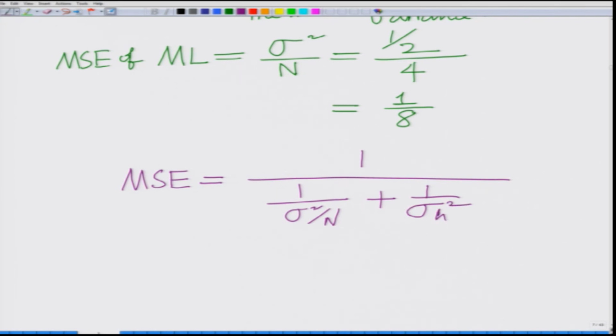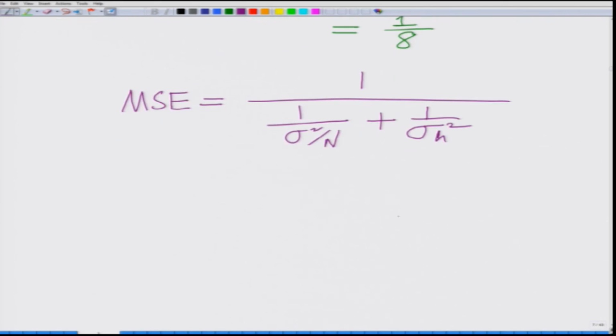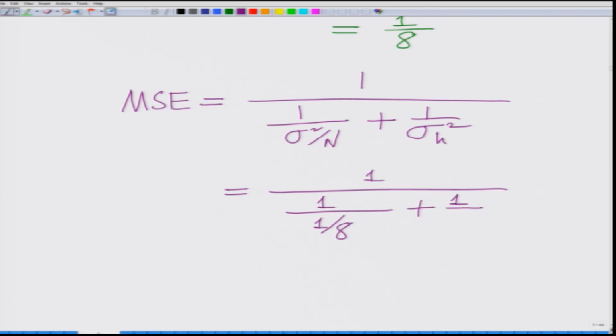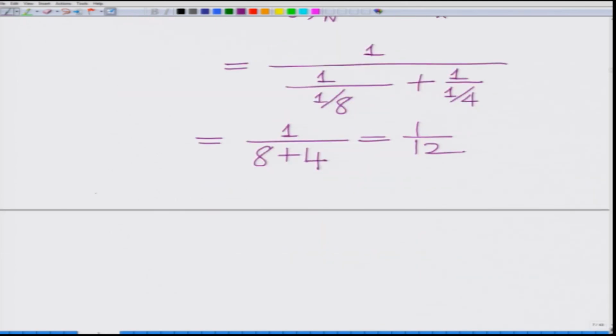All we have to do is substitute the various quantities. So, this will become 1 over 8 plus 1 over 4, and this will be 1 over 8 plus 4 equals 1 over 12, and therefore, the net MSE equals 1 over 12. Okay.